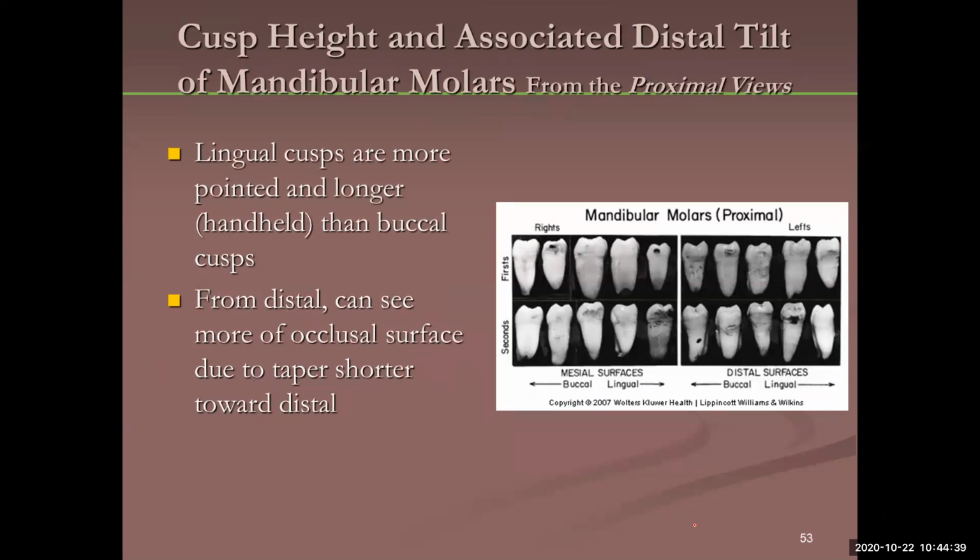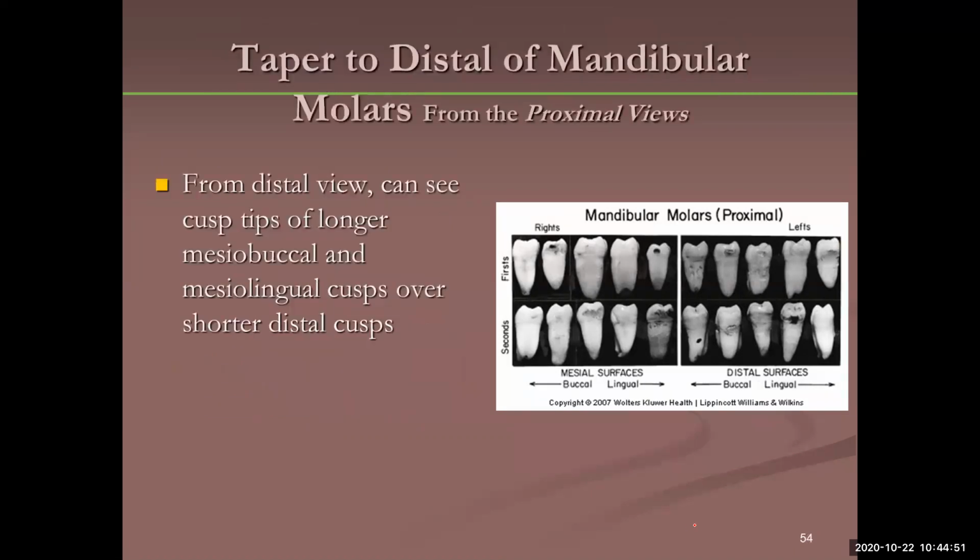From the distal, you can see more of the occlusal surface than from the mesial because, again, the tooth is shorter on the distal than it is on the mesial. So you can kind of peek up to that mesial surface. You can see the cusp tips of the longer mesial than you can on the lingual.